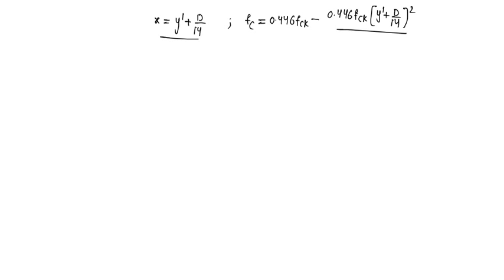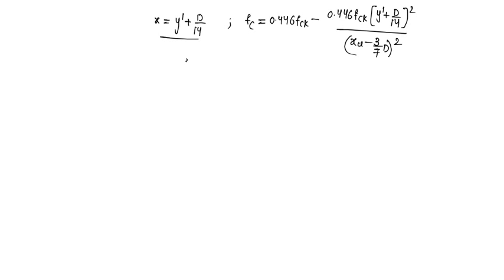So writing that equation, when x equal to Y bar plus D by 14, then our Fc value will be equal to 0.446 fck minus y at x equal to Y bar plus D by 14, that is 0.446 fck into Y bar plus D by 14 whole square by Xu minus 3/7 of D whole square.